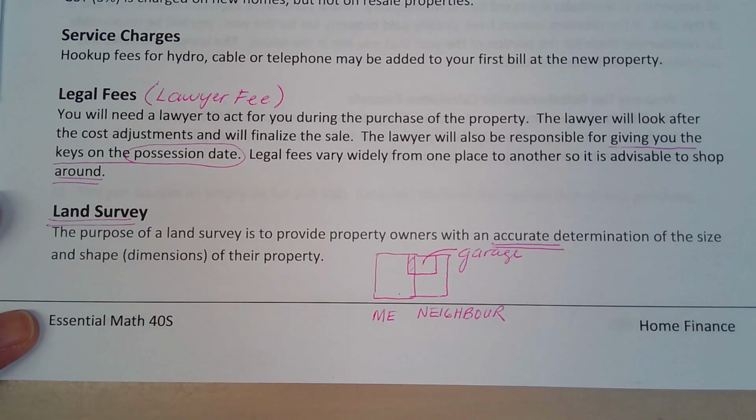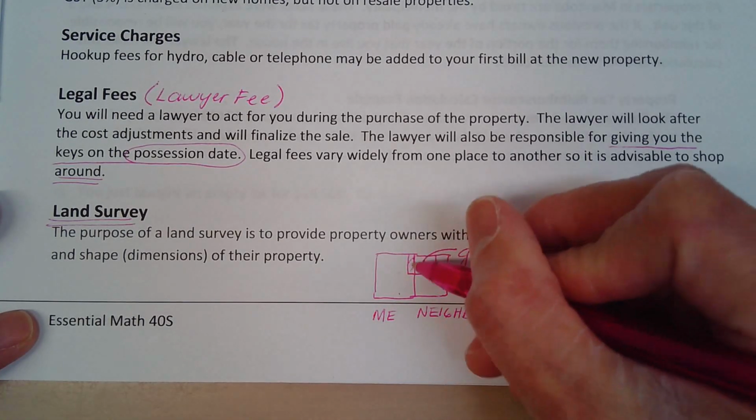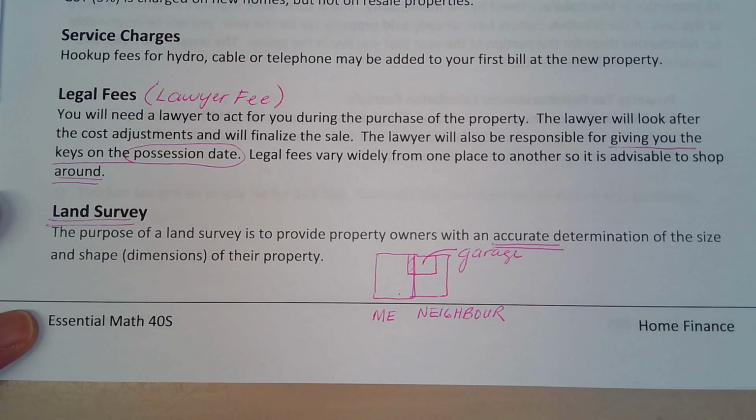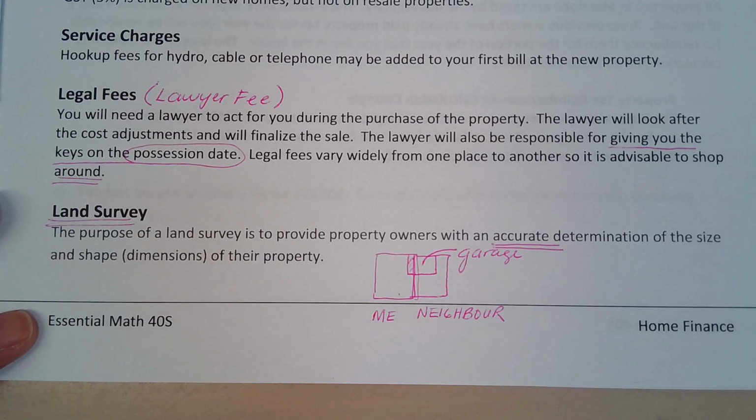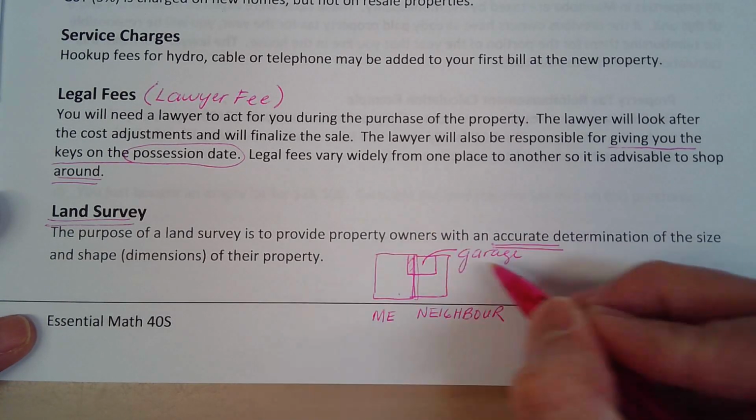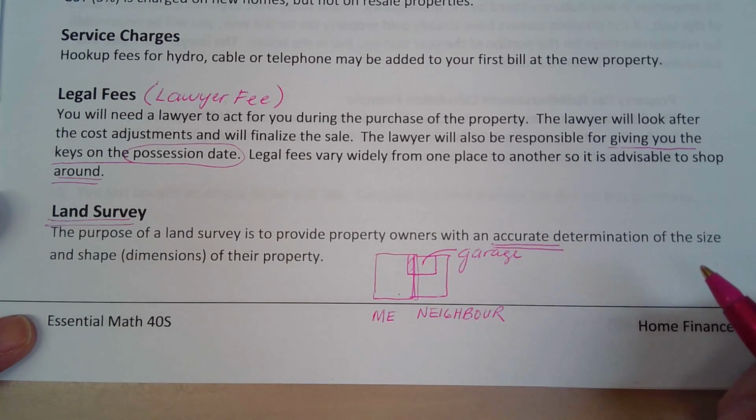That's no good, right? And that's where problems with neighbors can happen. Some people put up a fence and it's a foot farther away from what their property is. So you want to make sure that you know where your property starts and where your property ends. Otherwise, there's going to be trouble.